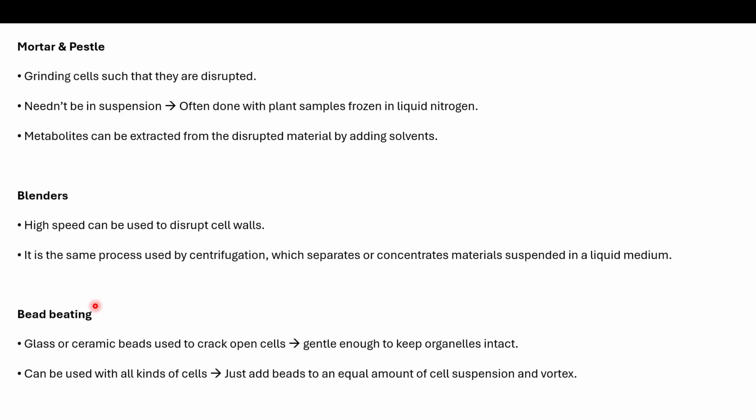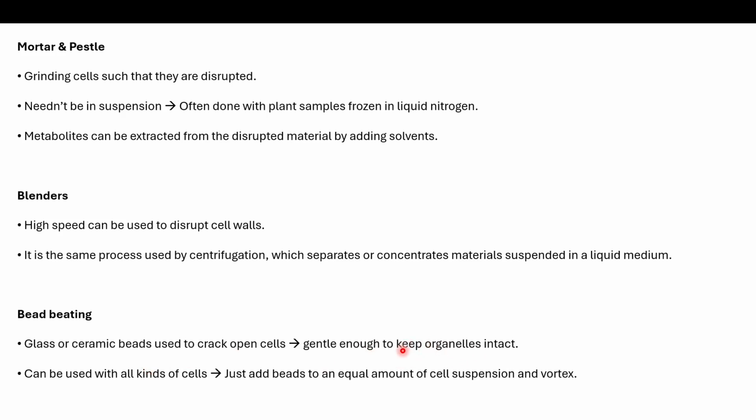All of this we looked at very briefly in previous tutorials as well, where there are glass or ceramic beads which are vortexed or centrifuged so that the glass beads or ceramic beads interact with the cells in suspension and break them open. It's gentle enough to keep the organelles intact.